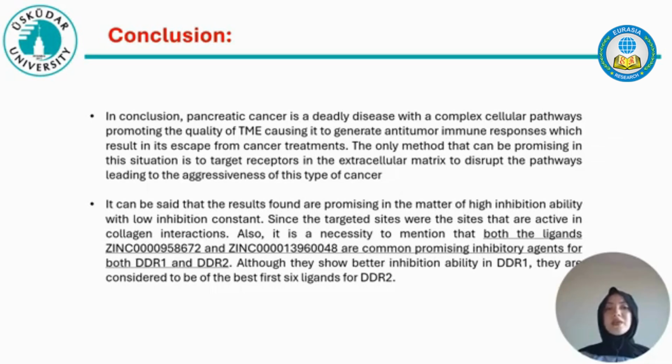It can be said that the results found are promising in terms of high inhibition ability with a low inhibition constant, since the target sites were sites that are active in collagen interactions. Also, as we mentioned previously, both the ligands ending with 72 and ending with 48 are common promising inhibitory agents for both DDR1 and DDR2.